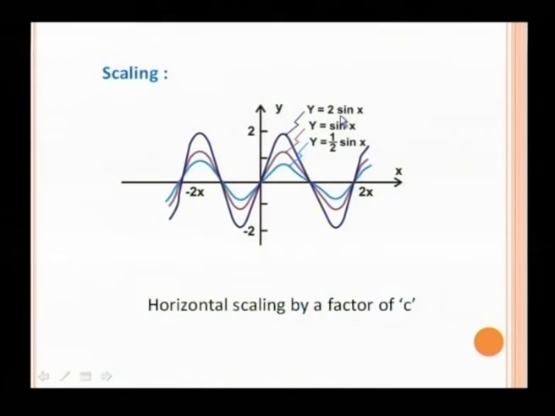If we multiply the argument by 2, we get this dark blue line, and if we divide it by the constant c, then we get this light blue line as the graph, which is showing the stretching and compression of the graph by a constant c, which shows the horizontal scaling by a factor c, where again c is equal to 2 in this example.